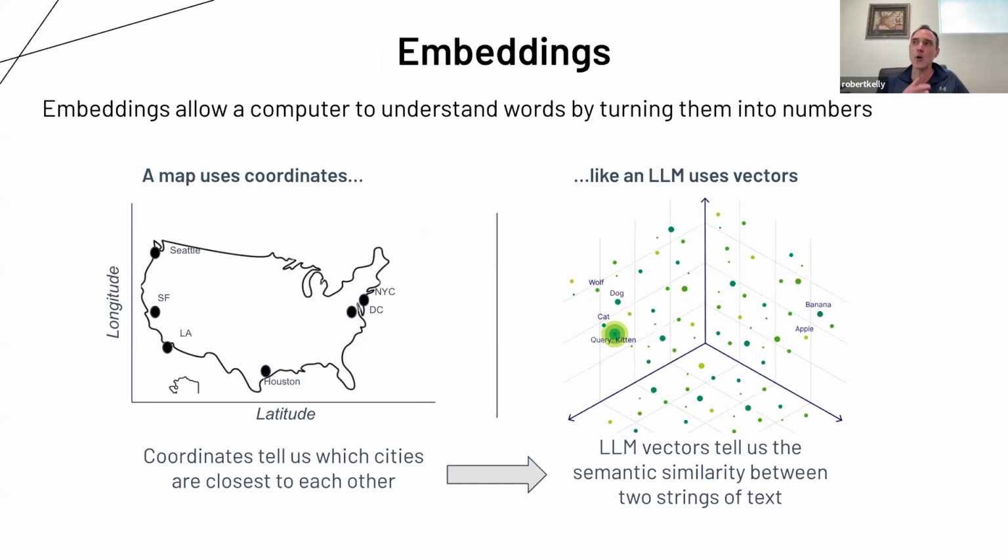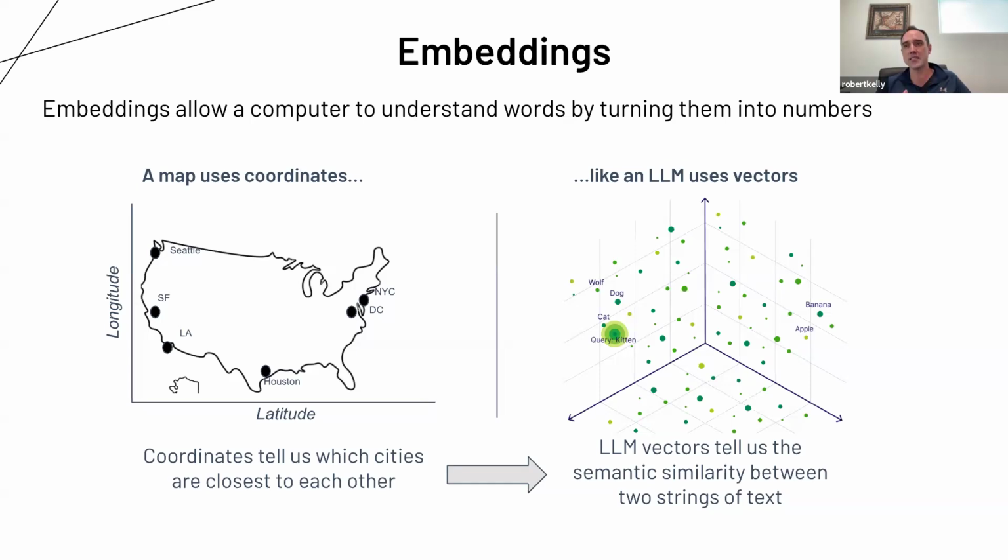Embeddings allow a computer to understand words by turning them into numbers, right? You can give them any word, set of words, string of words, paragraph, and it will encode those into numbers. Let's take a familiar example to highlight what we're talking about. On the left, we have something that all of us are going to be familiar with. Let's take a map, and let's take some cities in the United States.